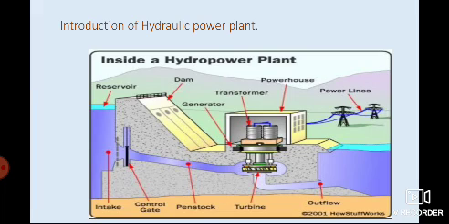Water strikes the turbine, the blades move around the shaft, and electricity is generated by the generator. After generating the electricity, water falls down from the turbine through the draft tube or outlet of the pipe, and we then use it for multiple purposes, such as irrigation.